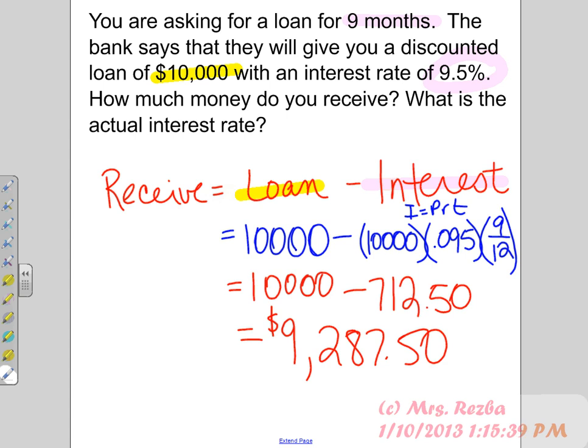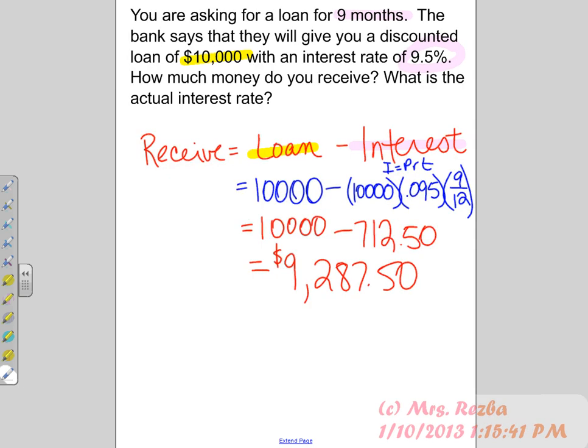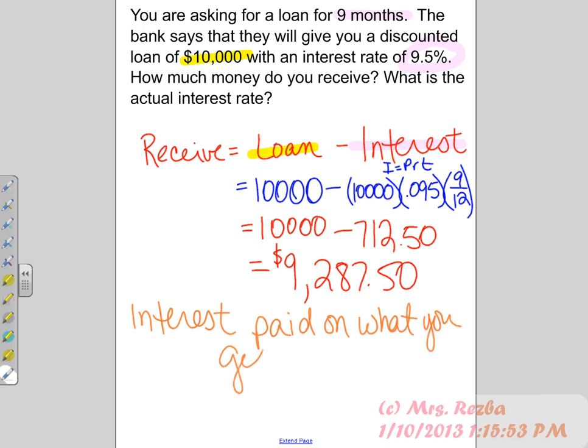Now, what is the actual interest rate? Remember, interest is what you pay on what you get. The bank told us it was 9.5% interest on the $10,000 loan we got. But I want to know what's the interest rate on the money I get in my pocket.